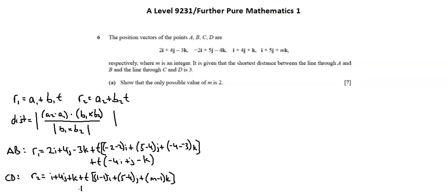And again, I'll simplify the direction component to plus t times, there will be no i value, j plus quantity m minus 1, k.